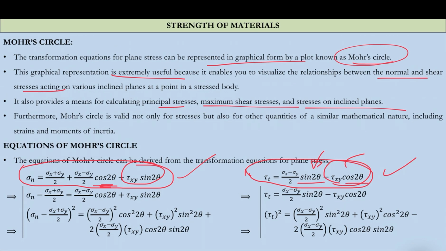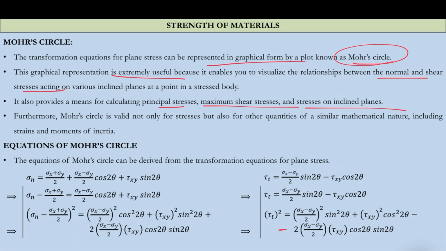Also, if we look closely, there are the terms 2 sine theta cos theta times sigma x minus sigma y by 2 times tau xy. Here it is positive, and in the other equation it will become negative. All of this was closely observed by Mohr, and he came up with this idea.